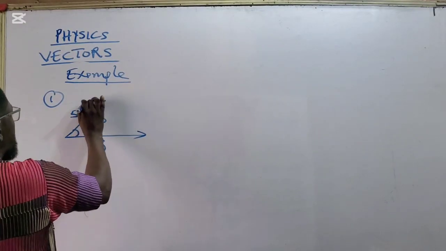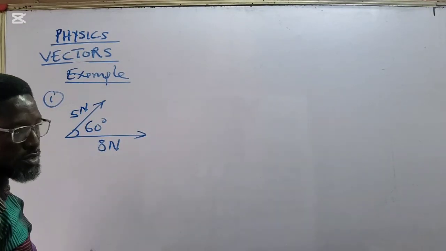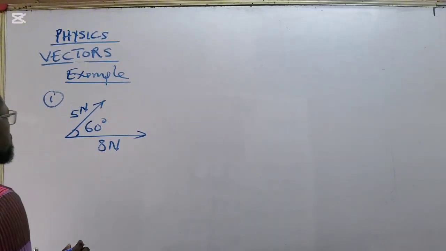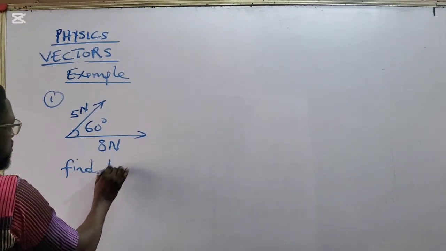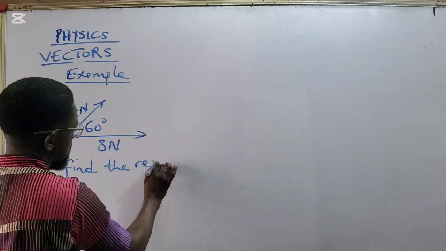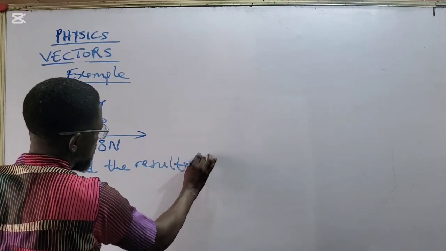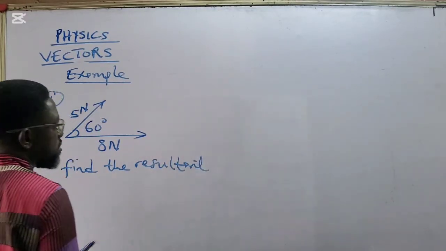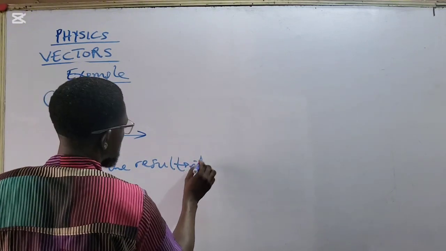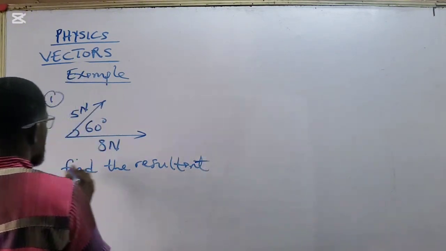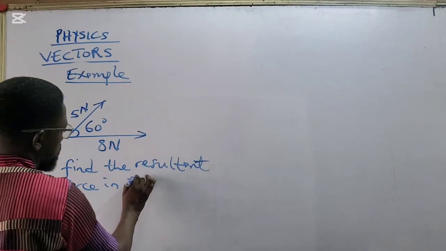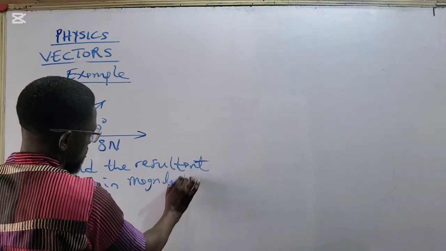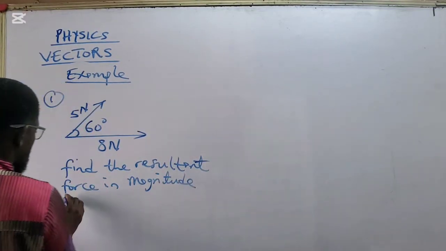Two forces, 5 Newton and 8 Newton, are given. Find the resultant force in magnitude and direction.